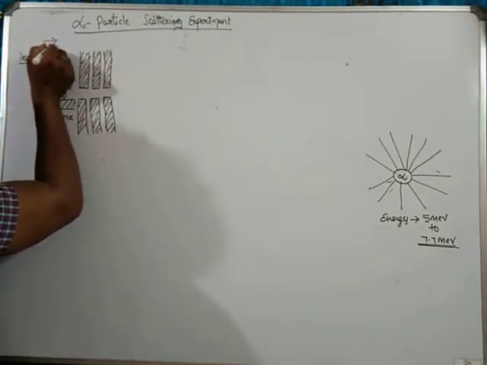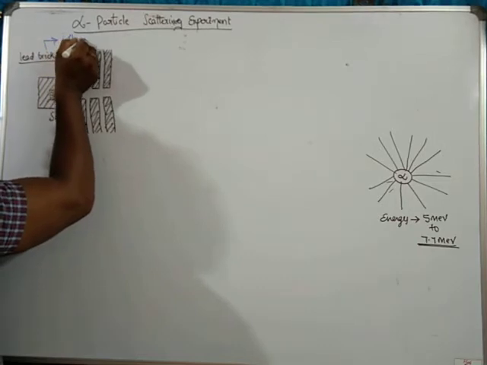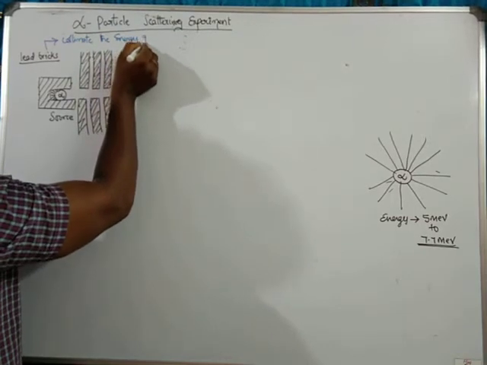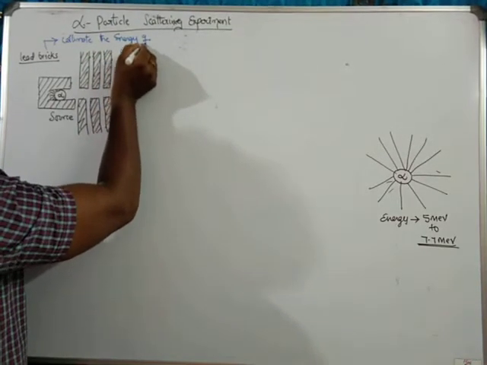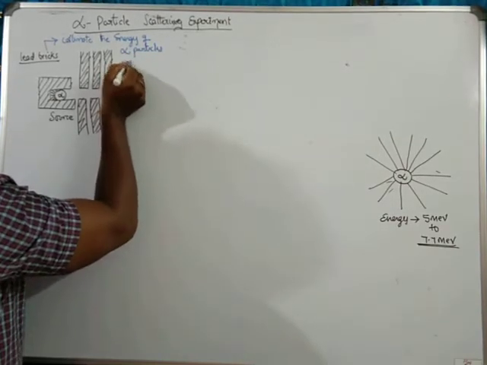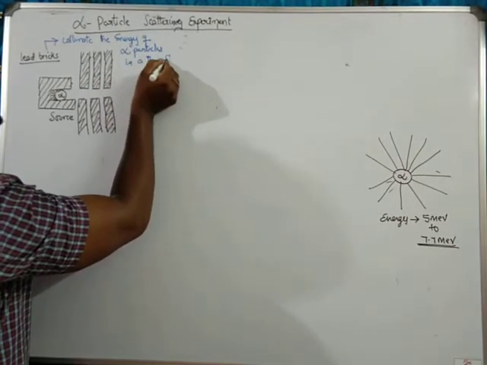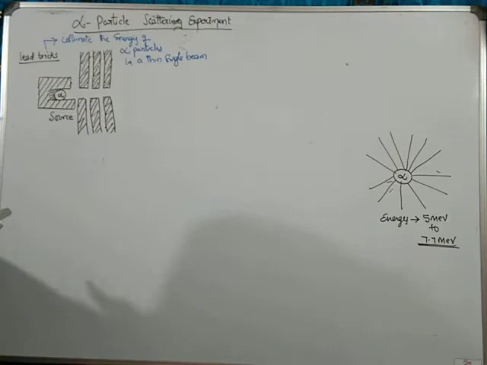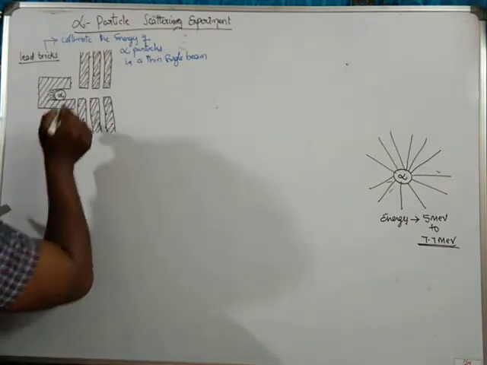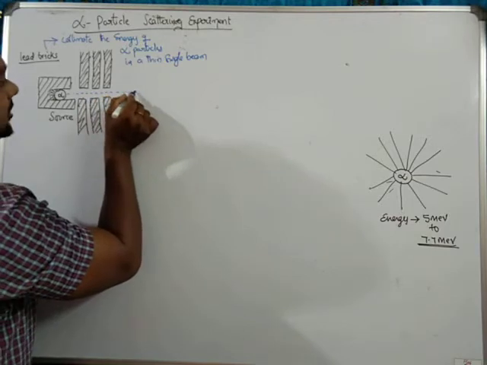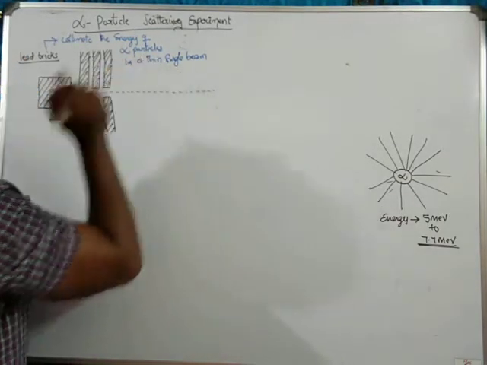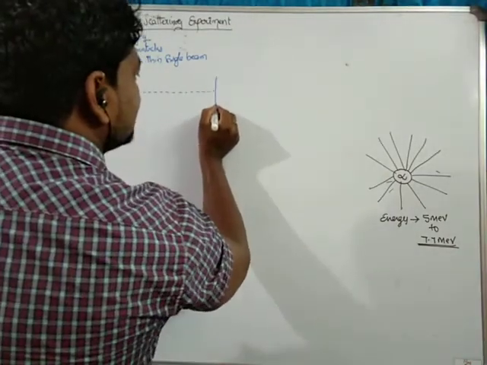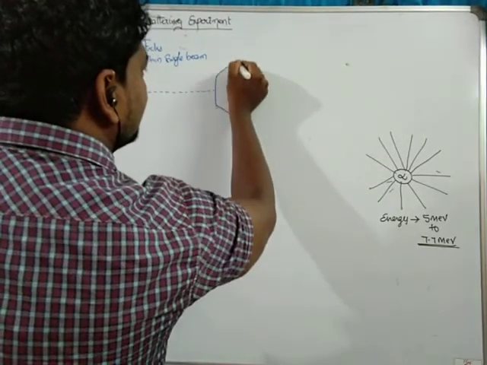They collimate the energy of alpha particles in a thin single beam. Whatever energy is radiated from this alpha particle moves in a single beam. At the other end, we are considering one gold foil, one metal.